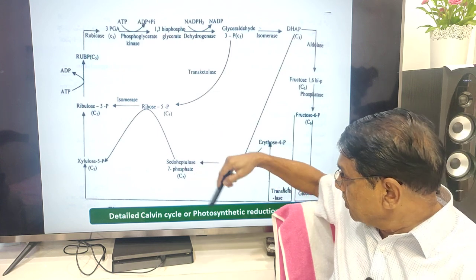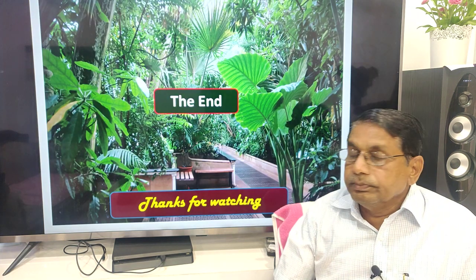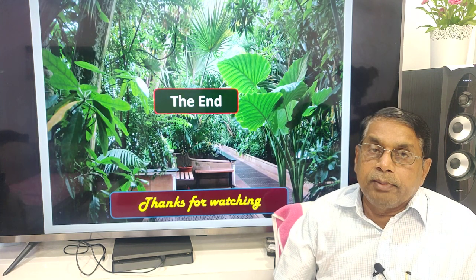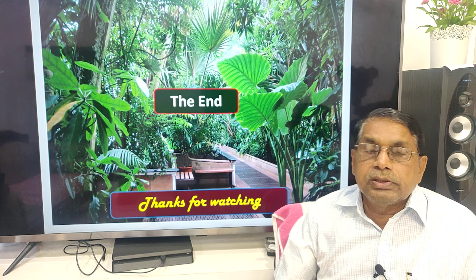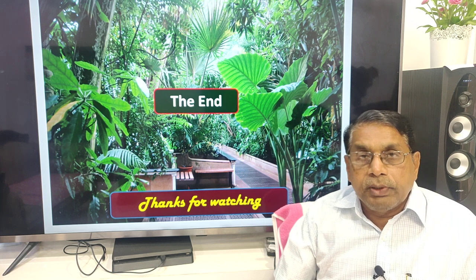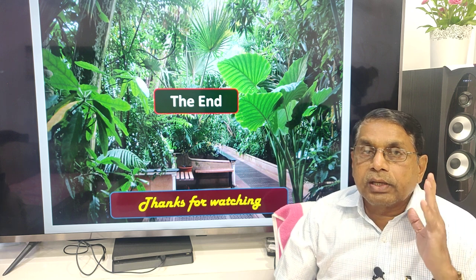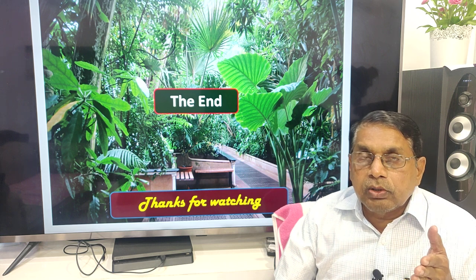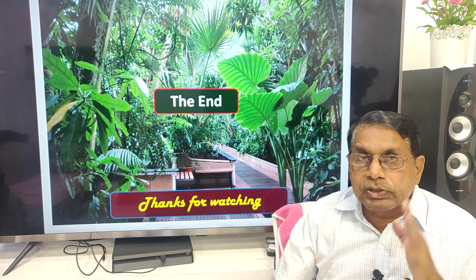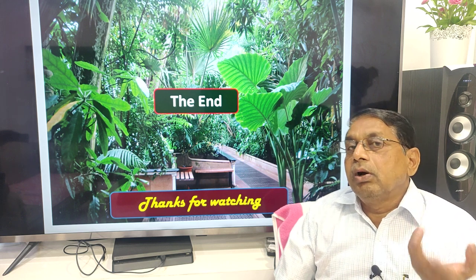Detailed Calvin cycle of photosynthesis. This is about dark phase reactions: Calvin cycle, C3 cycle, CBB cycle, reductive pentose phosphate pathway, wherein the carbon dioxide acceptor is RuBP, and the enzyme is RuBisCO, or RuBP carboxylase oxygenase, because it can accept oxygen also, therefore it is oxygenase.